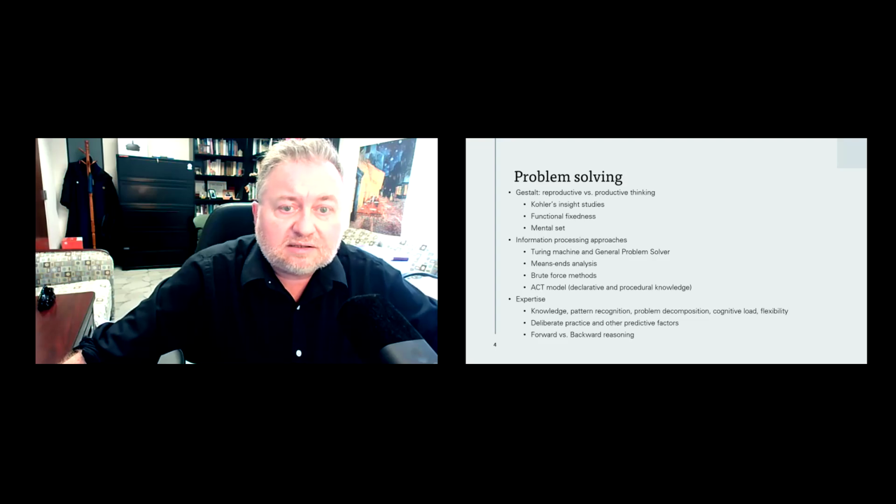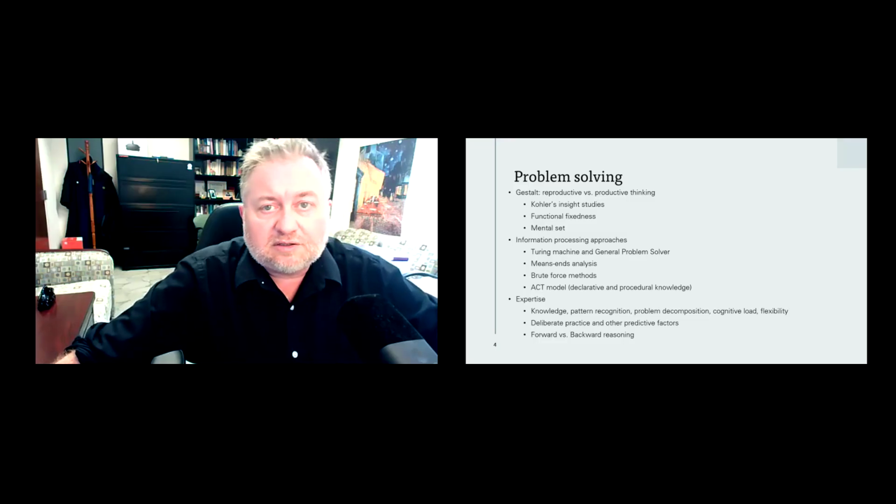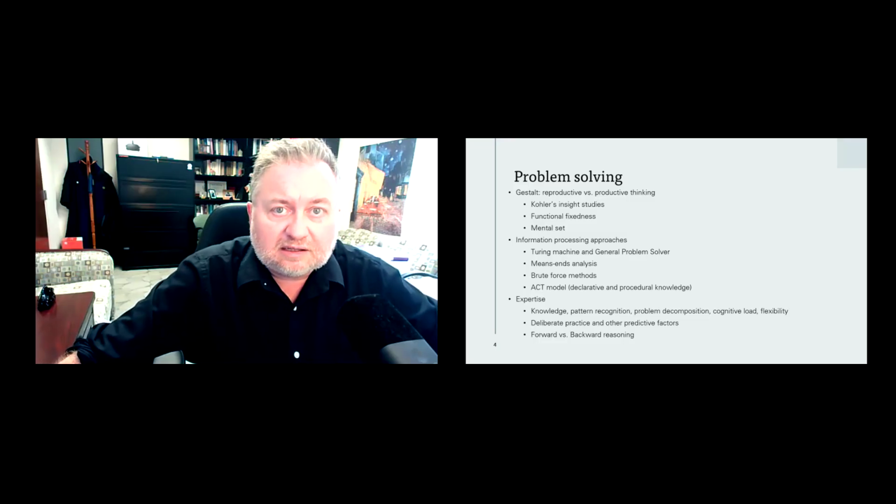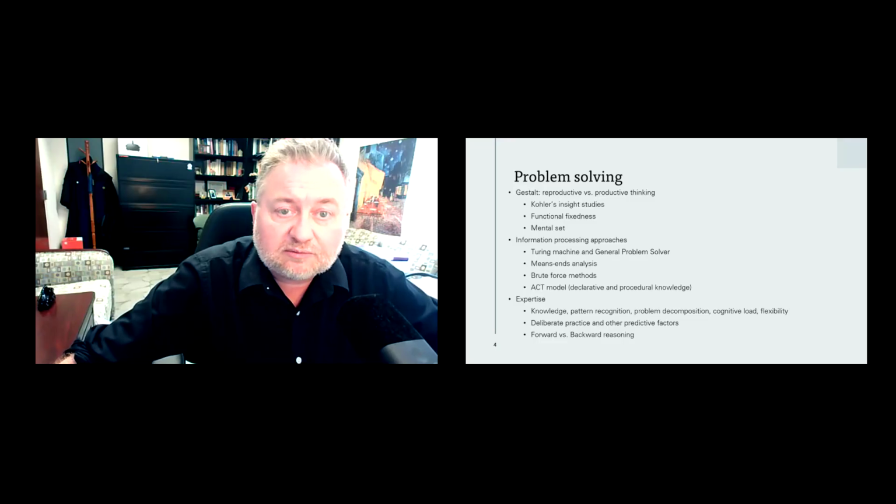We looked at means ends analysis and brute force methods. And then coming into the 80s, we see Anderson's ACT, or adaptive control of thought, idea, and how he uses problem solving by connecting declarative knowledge to procedural knowledge. And that's the claim of how problem solving works there.